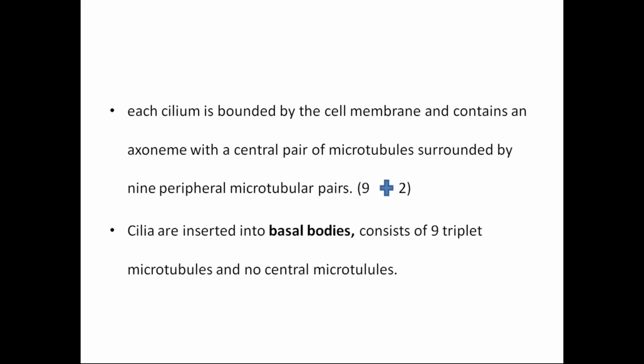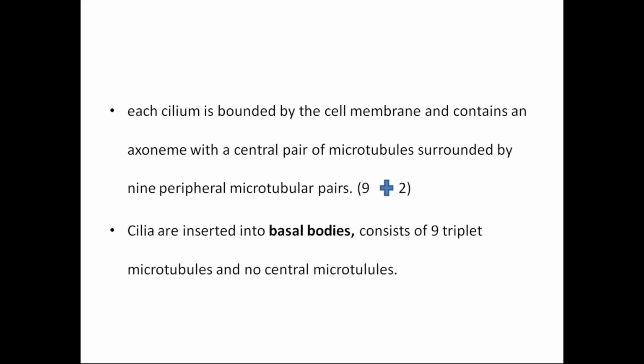This is individually very important for surface anatomy and surface projections of the cell. So 3 are there: microvilli, stereocilia, and cilium. Individually they are different from each other, and you have to know this difference.